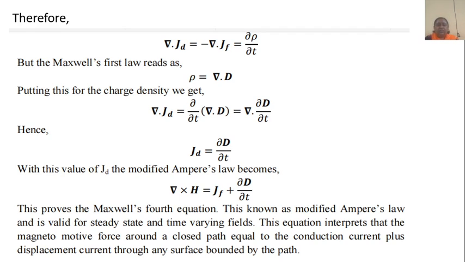This equation interprets that the magnetomotive force around a closed path equals the conduction current plus displacement current through any surface bounded by the path.